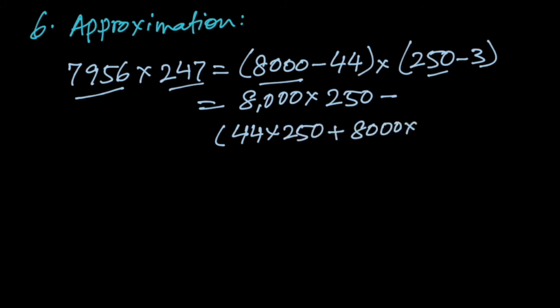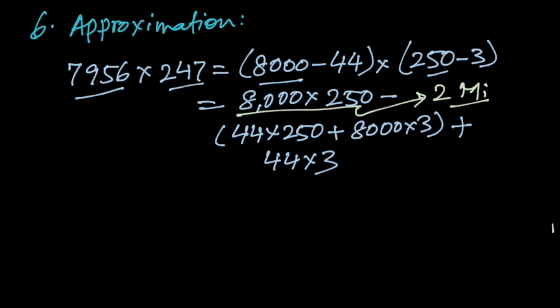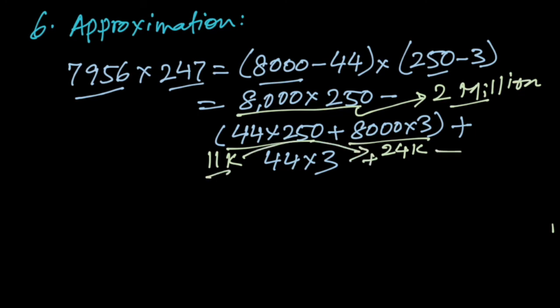If there are many such answers, then we can do further calculation to rule out the wrong one and pick the right one. So this number becomes 11k, this becomes 24k, in total it is 35k. So any number which is 35k less than 2 million we can look for, in case there is more than one number which is very close. So again this number will end with 132.